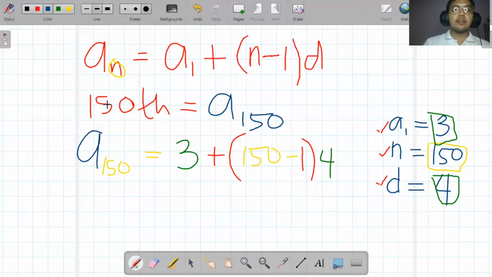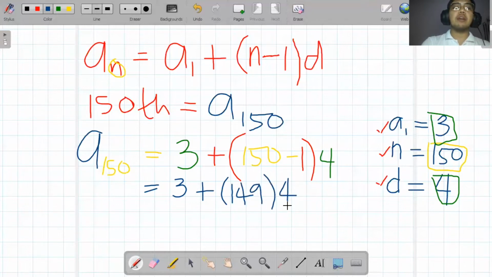Now we simplify. We'll have equals 3 plus 150 minus 1, that would be 149, and then times 4. Remember to follow PEMDAS. Parenthesis first. So this is 3 plus, let us first do 149 times 4. You can use your calculator if you're struggling with multiplication.